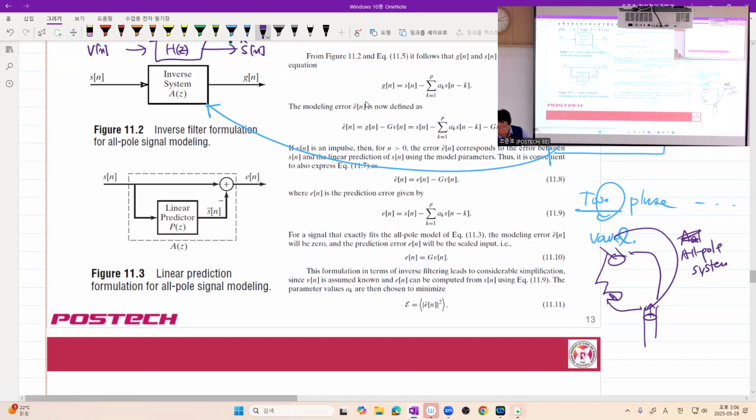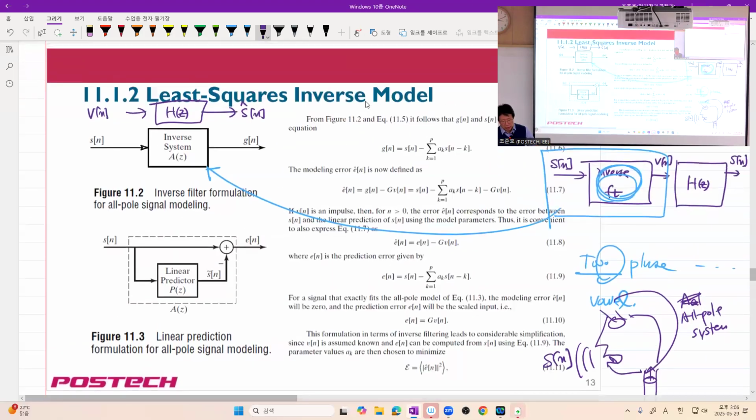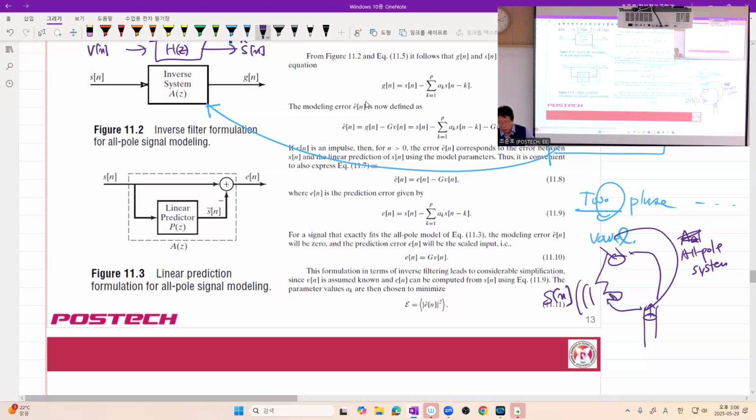And here goes the signal S of n. And interestingly, if we just apply this idea and find the error signal, then V of n looks like an impulse train.